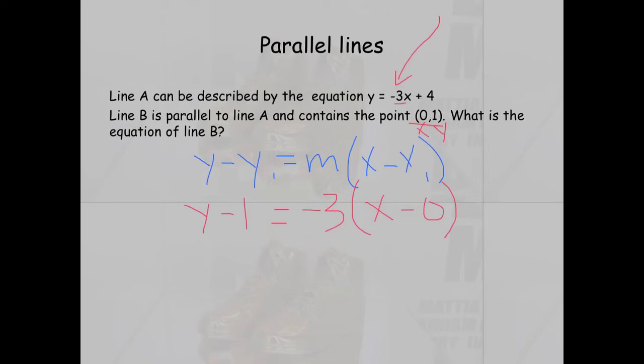So the number next to parentheses, we distribute. That leaves us with negative 3x. Negative 3 times 0 is 0, so I'm going to leave that alone. And we have y minus 1. Let's get this y by itself by adding 1 to both sides. And we have y equals negative 3x plus 1.